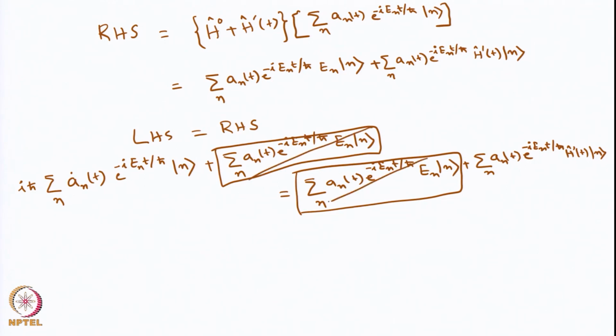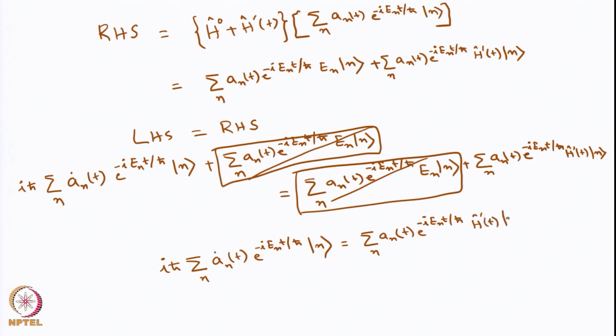What we end up with in this case is iħ Σ_n ȧ_n(t) e^(-iE_n t/ħ) ψ_n equals Σ_n a_n(t) e^(-iE_n t/ħ) H'(t) ψ_n. So, this is what you get.